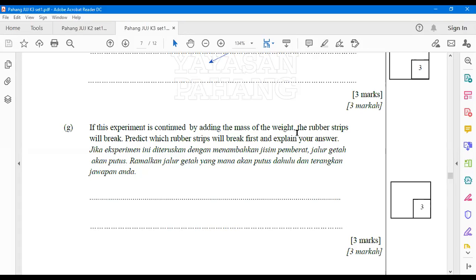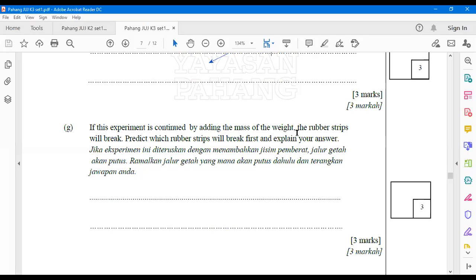Are you going to use the word strong or elastic? Elastic. Yes, therefore your answer, the natural rubber is less elastic compared to the vulcanized rubber. I repeat, whenever you want to answer related to the inference, to the hypothesis, or to explain, you are going to refer to your aim of experiment.